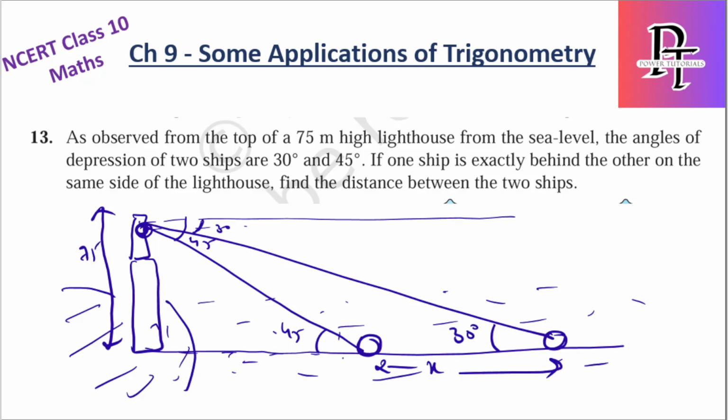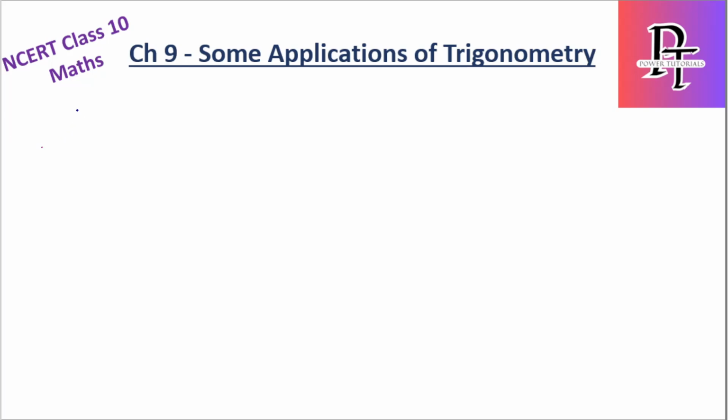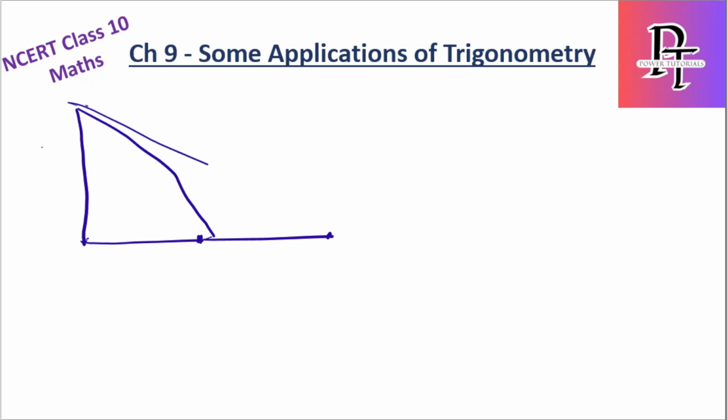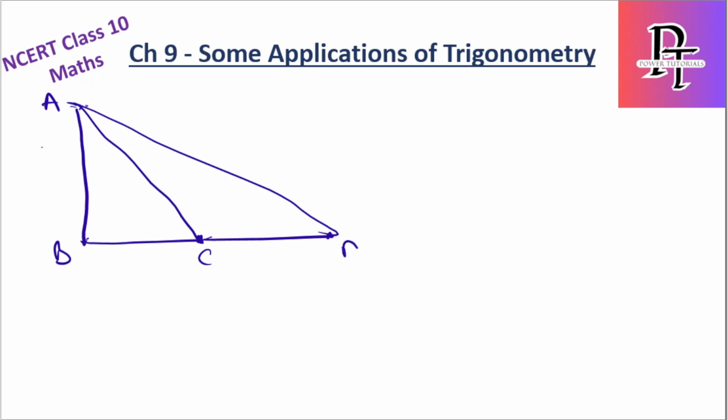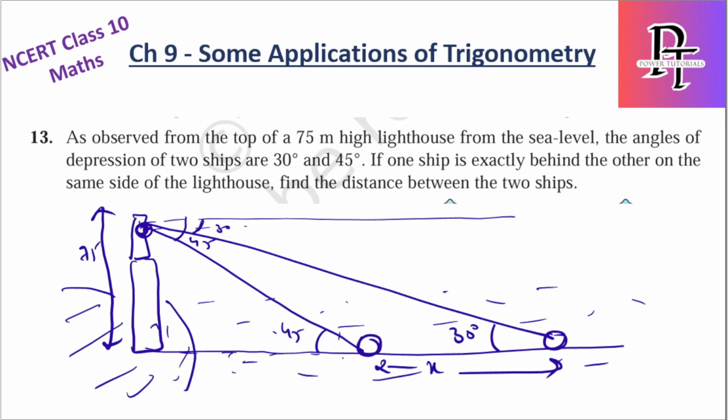Let's solve this using the triangles concept. This is the line, that is the lighthouse. This is ship 1 and this is ship 2. Let's draw the lines and label the points A, B, C and D. So this is 45 and 30.